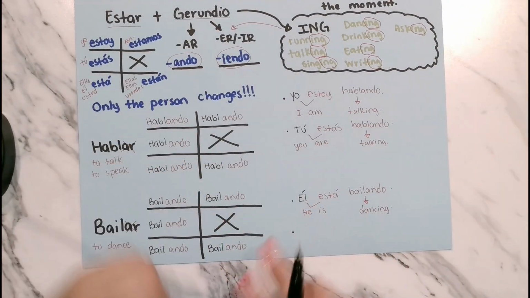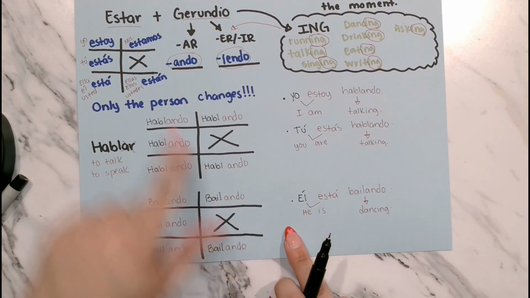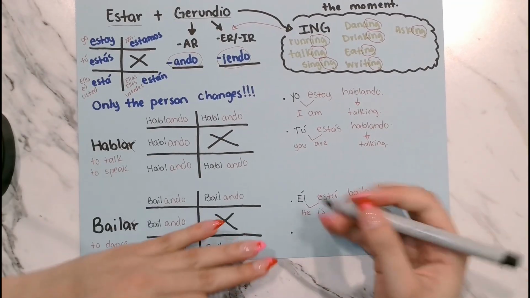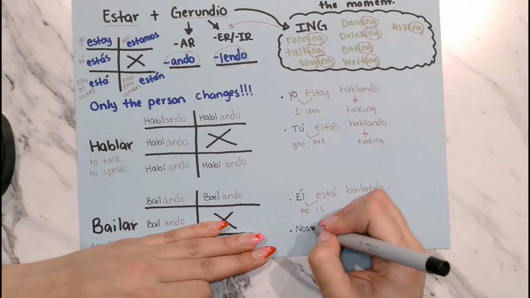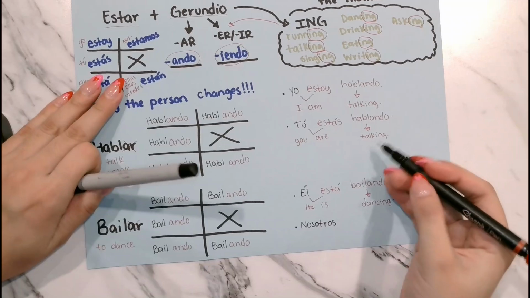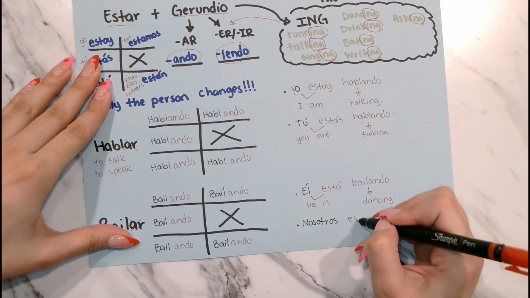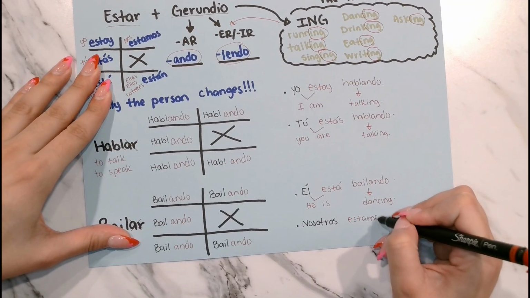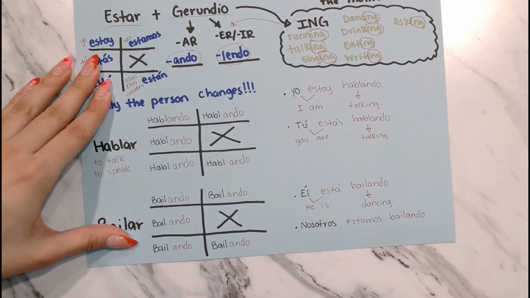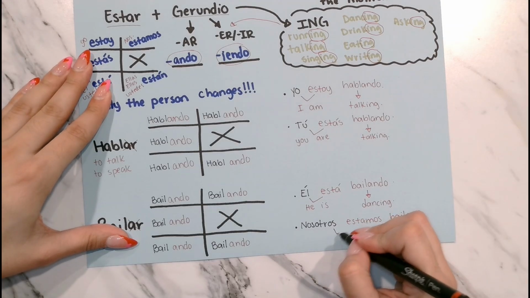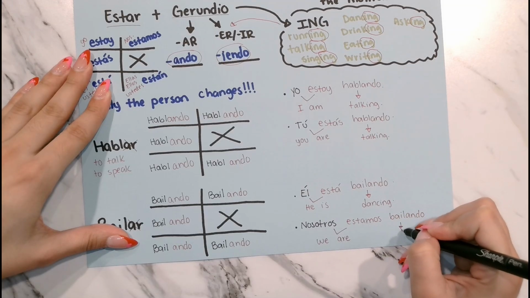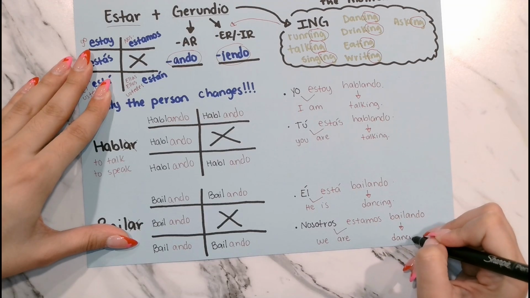Now we're going to look at nosotros. Nosotros estamos bailando. We are dancing.